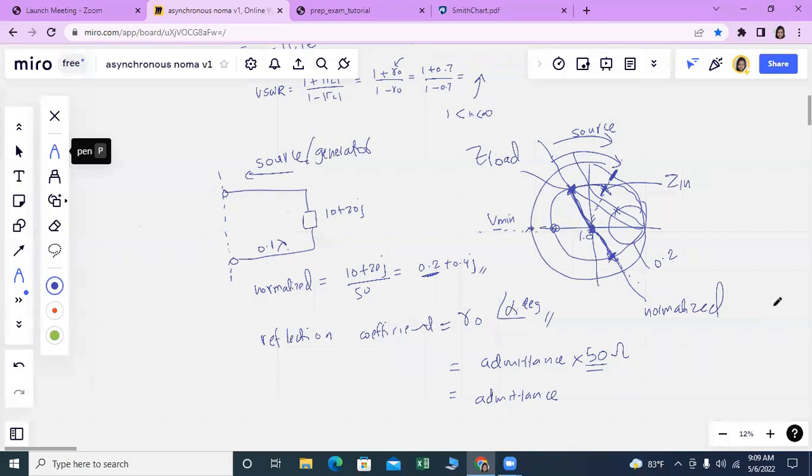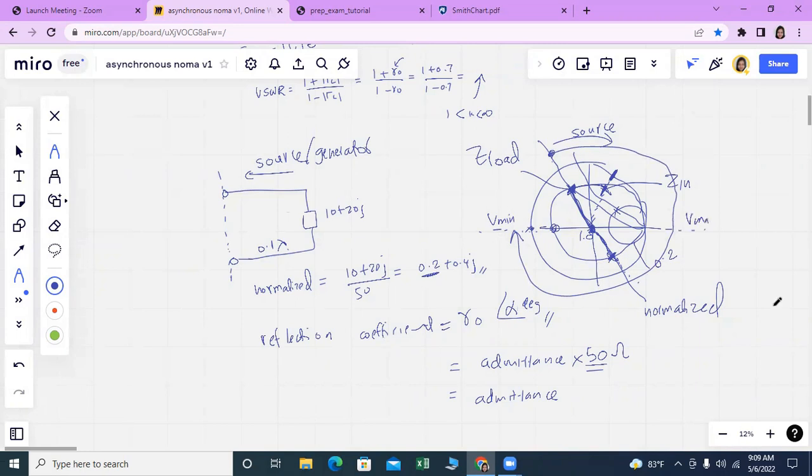The distance that we have to travel must be found using the scale that I mentioned previously, the scale that shows the wavelengths towards the generator. So you have to measure the clockwise distance from the load point to the voltage minimum point. And then the voltage maximum point occurs at the open circuit case.